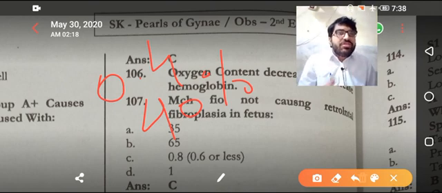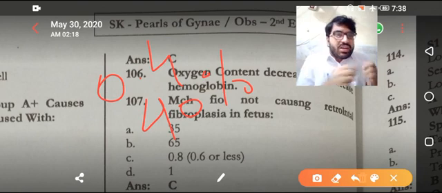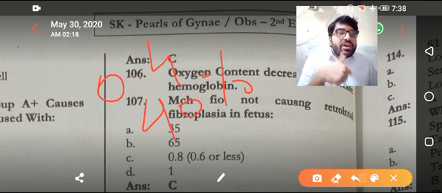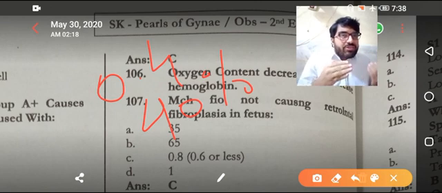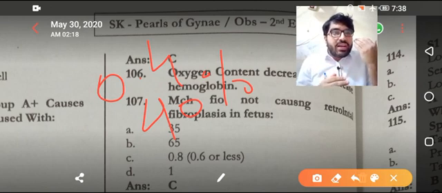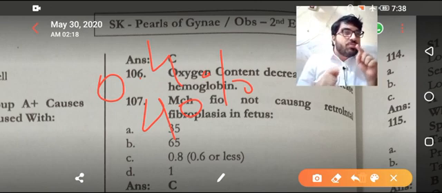So the upper limit is 40%. You can give 40% or less than 40%, but above 40% it causes retrolental fibroplasia. Or if they give it in decimal, it is 0.4.